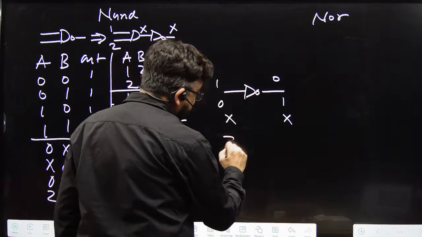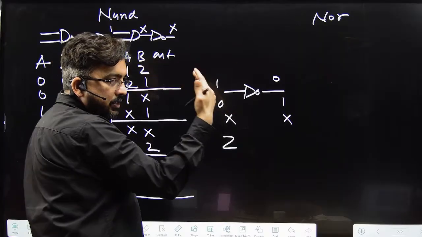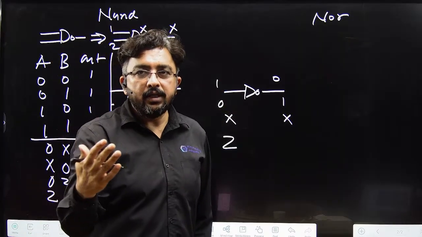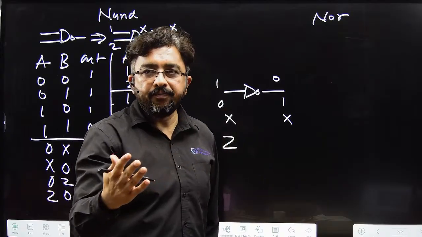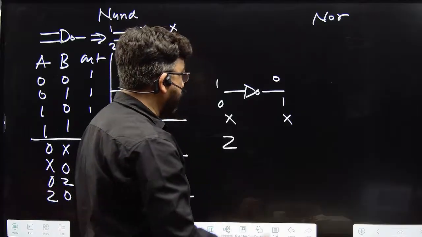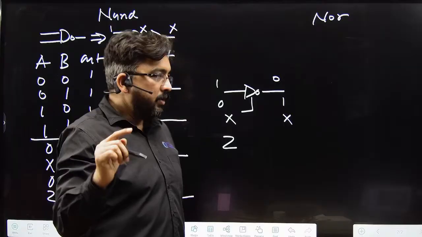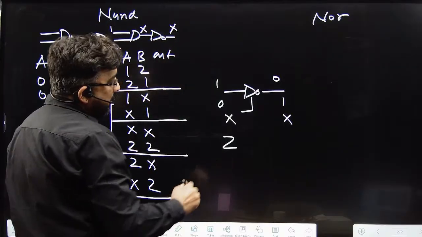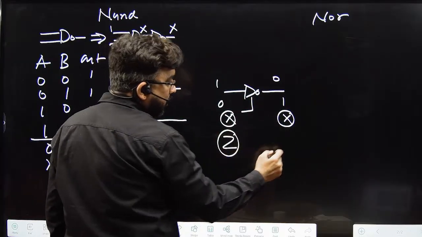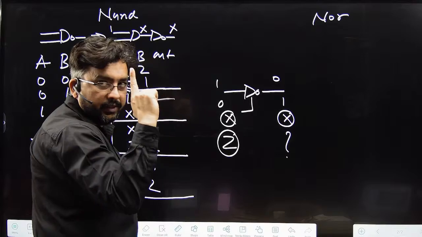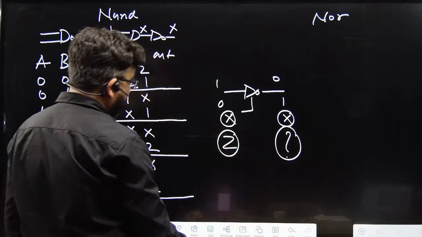In case you give input Z, a single-input buffer and inverter has a different truth table if we connect one control signal. I will take this up later, but please try to understand: if any input is X, output is X. If any input is Z, then output we will see. Here is a question mark, so don't worry.